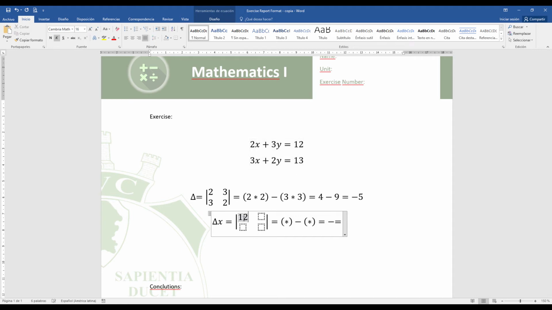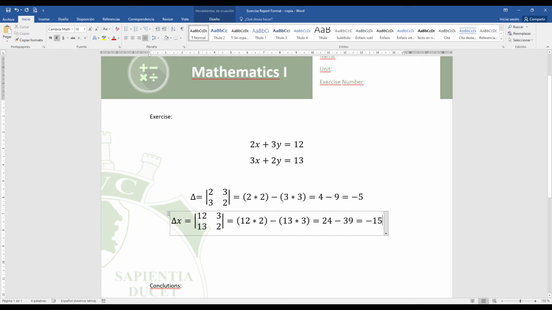So this is 12, 13, and the values of y, 3 and 2. Now the operation will be 12 times 2 minus 13 times 3. In that case it is 24 minus 39, which equals minus 15.